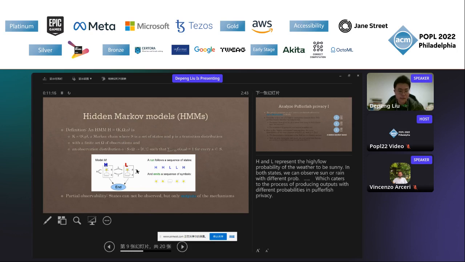Here we have 3 states, H, L, and N. In the states H and L, we have observations of song or rings. So a run follows a sequence of states, such as H, L, H, H, L, L, H, which at the same time emits a sequence of symbols such as song, song, rings, song, song.